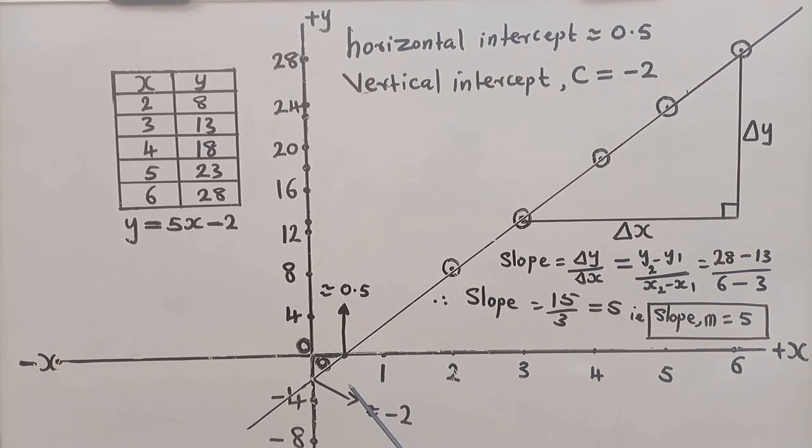Again, like before, see that corresponding to this position is a value of intercept, which is approximately equal to minus 2. In fact, even if we have instruments of precision, certainly this minus 2 will still be the intercept for the y-axis or vertical axis. That is why we state that the vertical intercept, whose symbol is C, don't forget, is equal to minus 2.